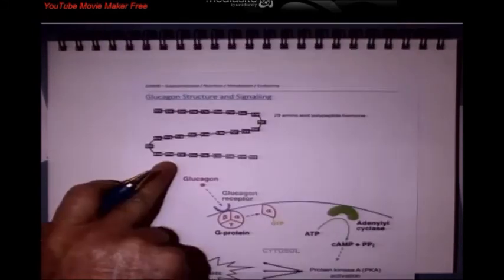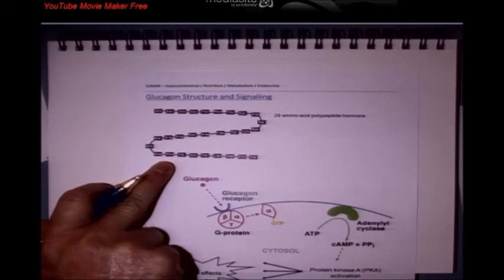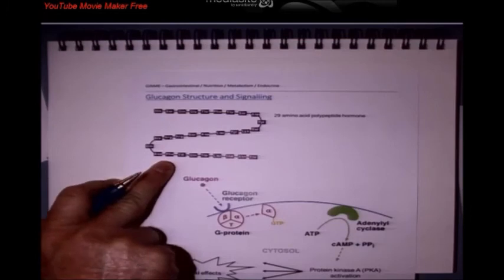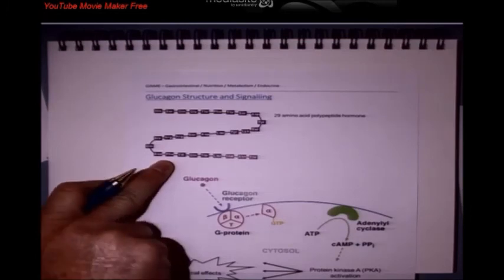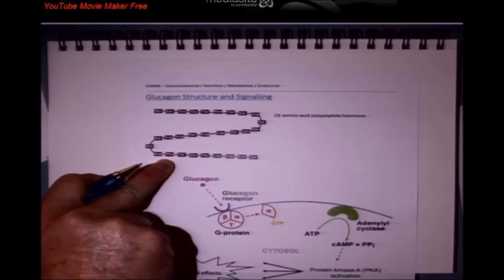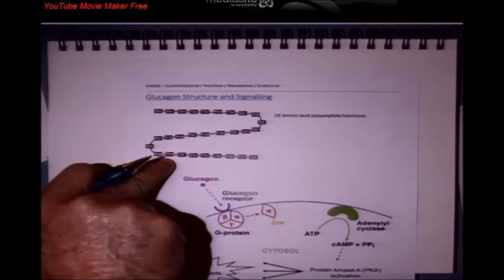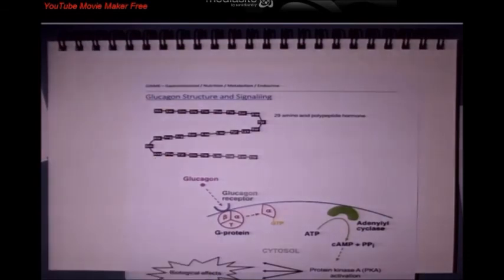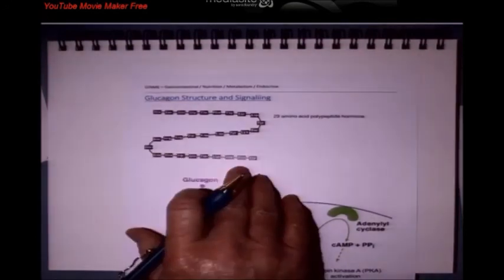It is a peptide hormone, just like insulin. The reason I bring this up is because when Dr. Burge picks up with the endocrinology portion of the block, he's going to be making a huge deal about differentiating peptide hormones versus steroid hormones. So just keep in mind that insulin and glucagon are both peptide hormones.